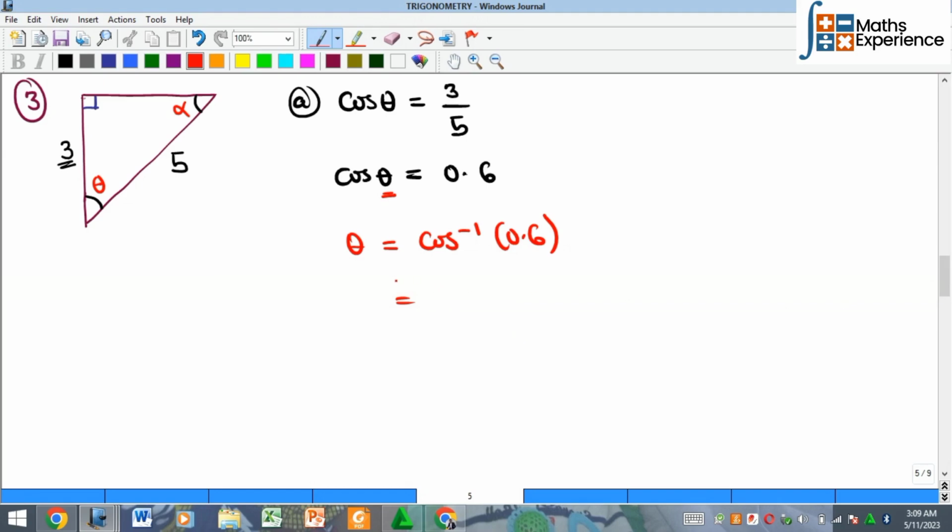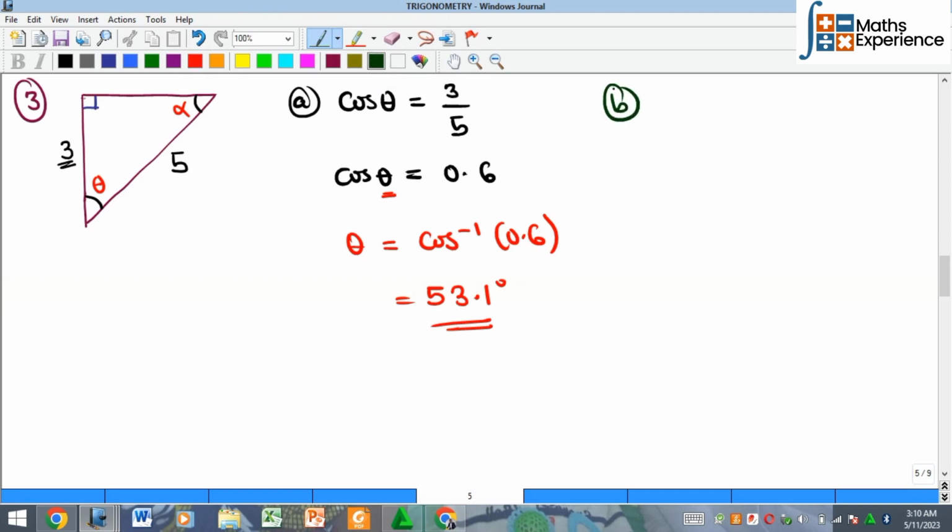So if you're using your calculator, you just press the inverse of cos and then put your 0.6, and it will give you approximately 53.1 degrees. Remember, it is angles and it's measured in degrees. All right, and that's to 1 decimal place. You can choose to take it to 2 decimal places as the case may be.